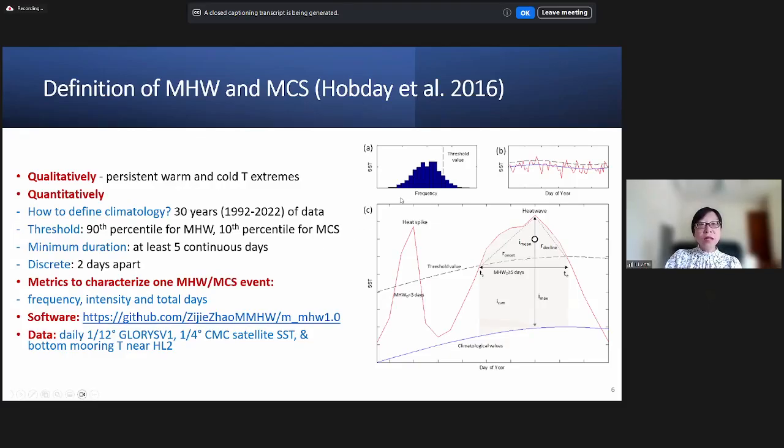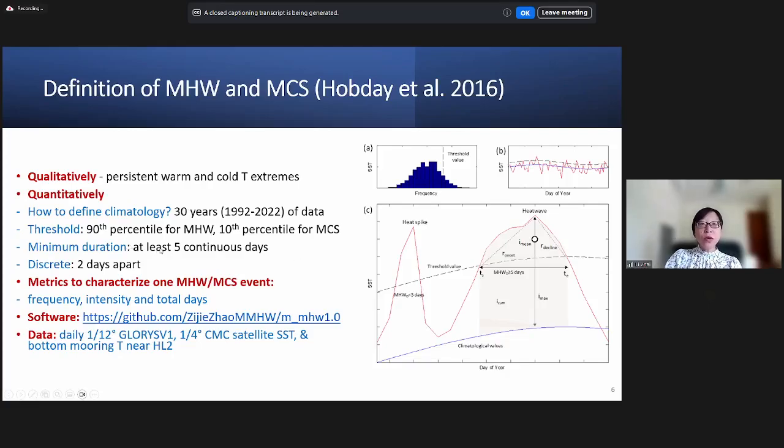First we need to define the climatology. Here we used the daily temperature averaged over 30 years, from 1992 to 2022, to define a climatology. Then we need to define the threshold. We used a seasonally varying threshold. For marine heat waves, we used the 90th percentile, and for marine cold spells, we used the 10th percentile.